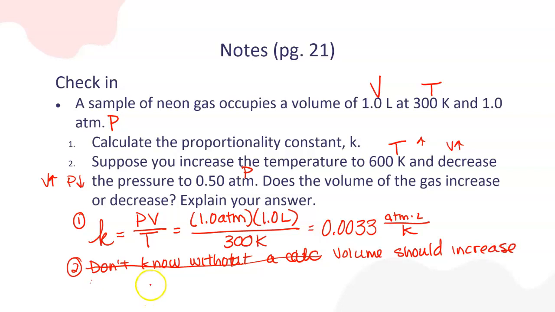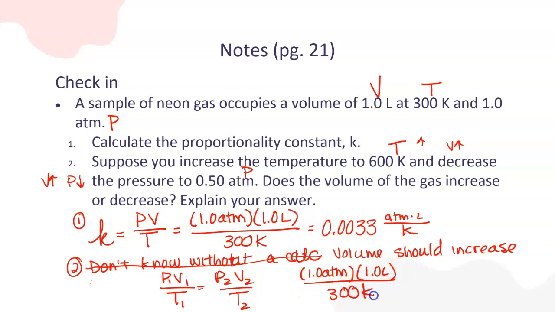So we have our K, or we can actually do P1 V1 over T1 is equal to P2 V2 over T2, where the P1 V1 T1 is our first set, so the 1 atmosphere times 1 liter over 300 Kelvin is equal to our 0.5 ATM times V2 all over T2, which was 600 Kelvin.